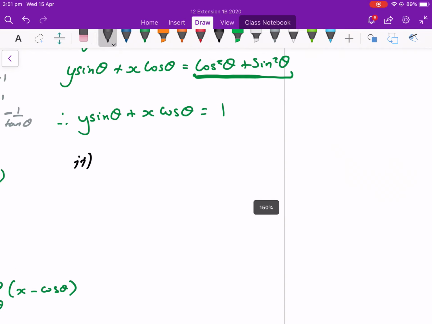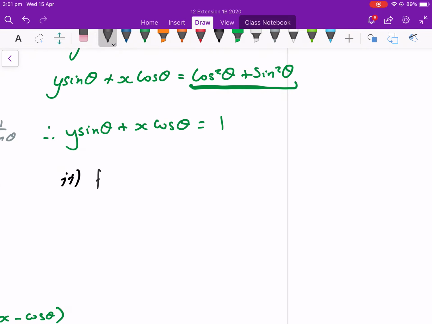So from part 1, we've got that y sine theta plus x cos theta equals 1.